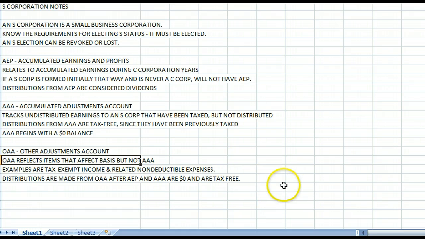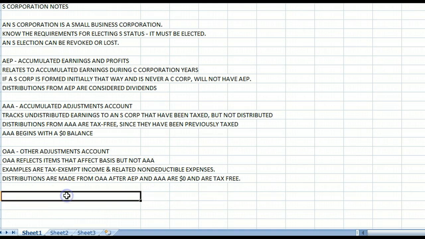The last one that I have up there is OAA, the Other Adjustments Account. It reflects items that affect the stock basis of the individual member, but not the accumulated adjustments account.